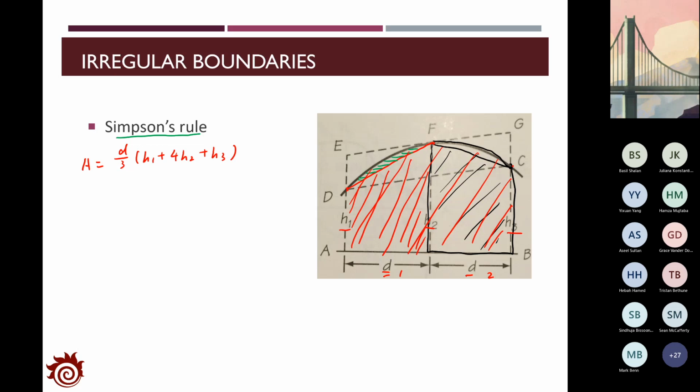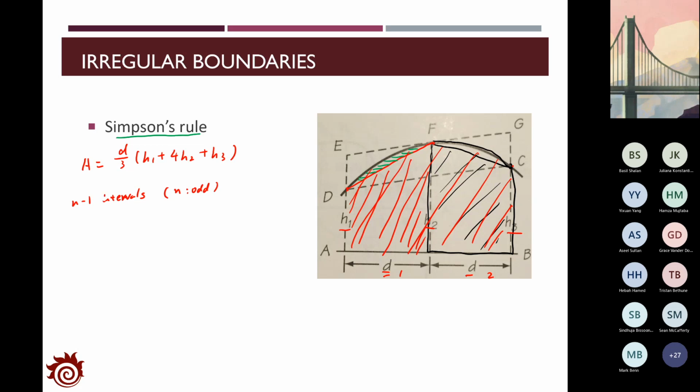But if we consider the case with more than two intervals, say that we have n-1 intervals, and here n must be an odd number.